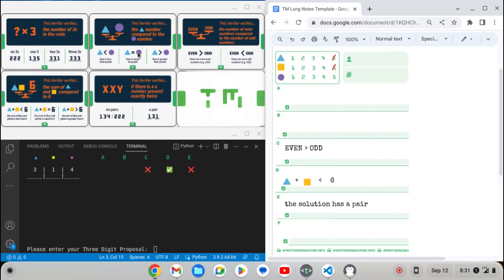Let's see. And then, of course, you do have the 2, 2. The other possibility would be 2, 2, 1 or 2, 2, 3, where perhaps circle is larger.